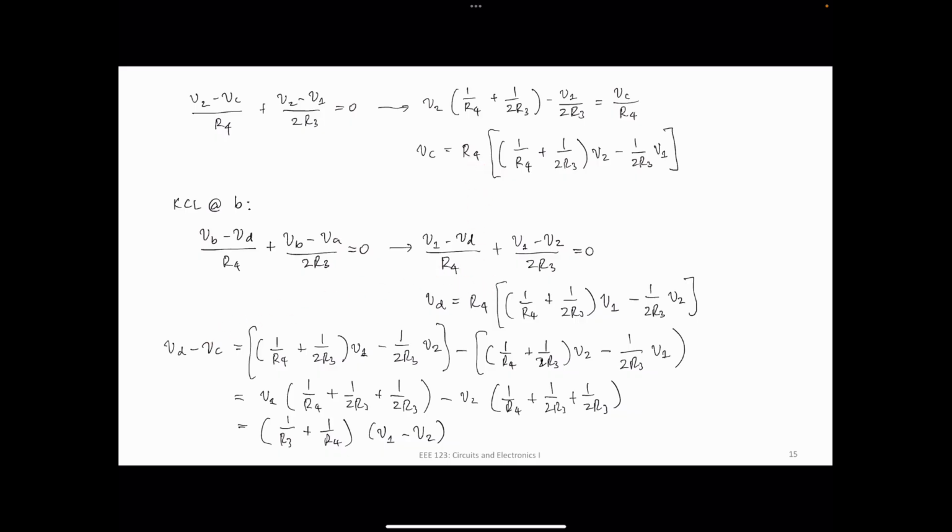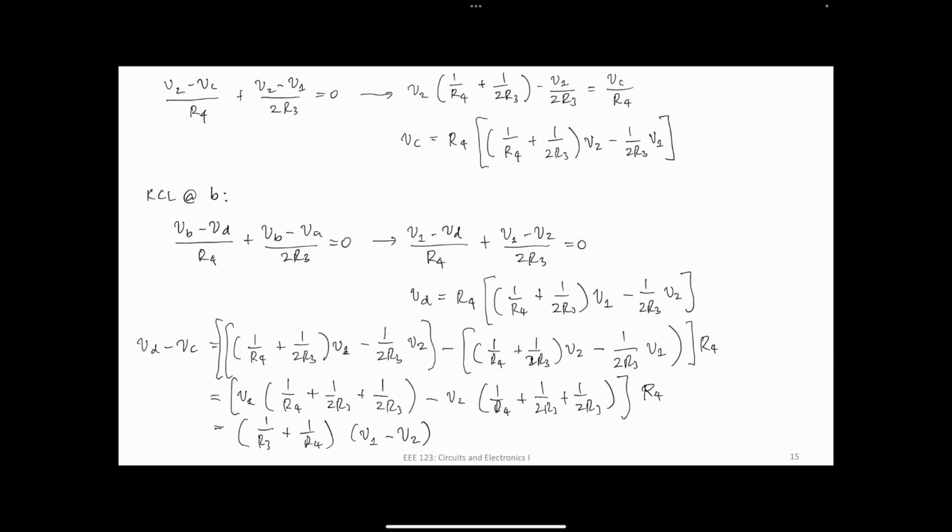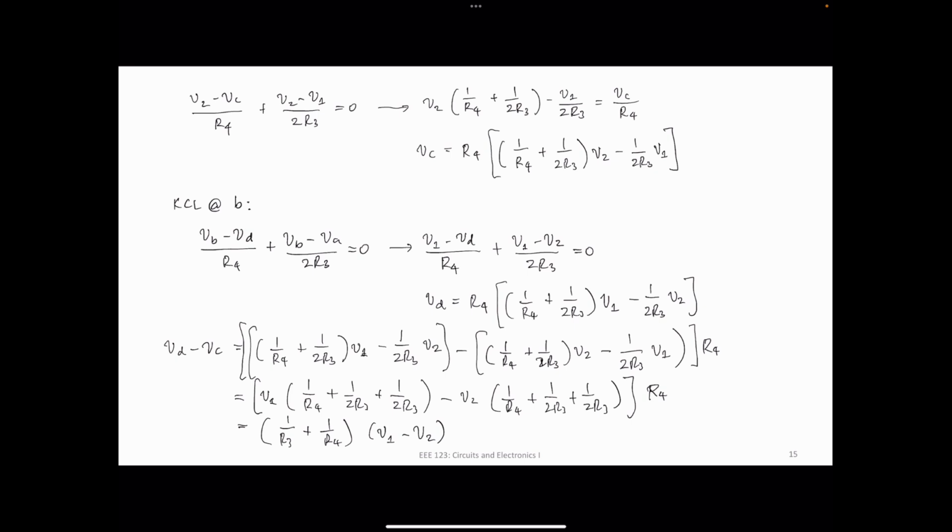So this is still multiplied by R4. So this whole thing is multiplied by R4. So this is going to be 1 plus R4 over R3 multiplied by V1 minus V2. Sorry about that. Okay. That is VD minus VC. It looked like there was something wrong with it. Good, I caught it. No?